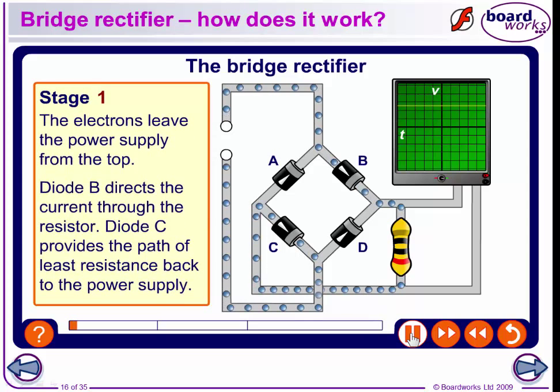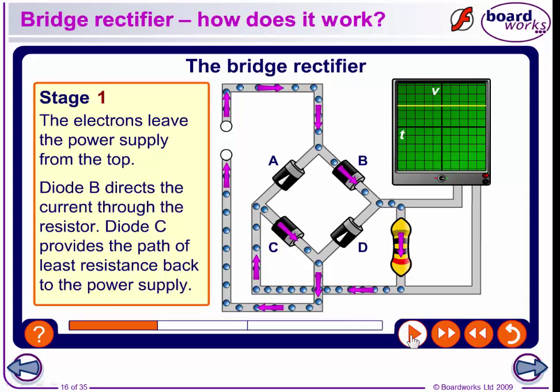So stage 1: the electrons leave the power supply and they go in this direction. They can't go through A and D because those diodes are pointing in the other direction. So this is the direction they're able to go. Diode B directs the current through the resistor. Diode C provides the path of least resistance back to the power supply.